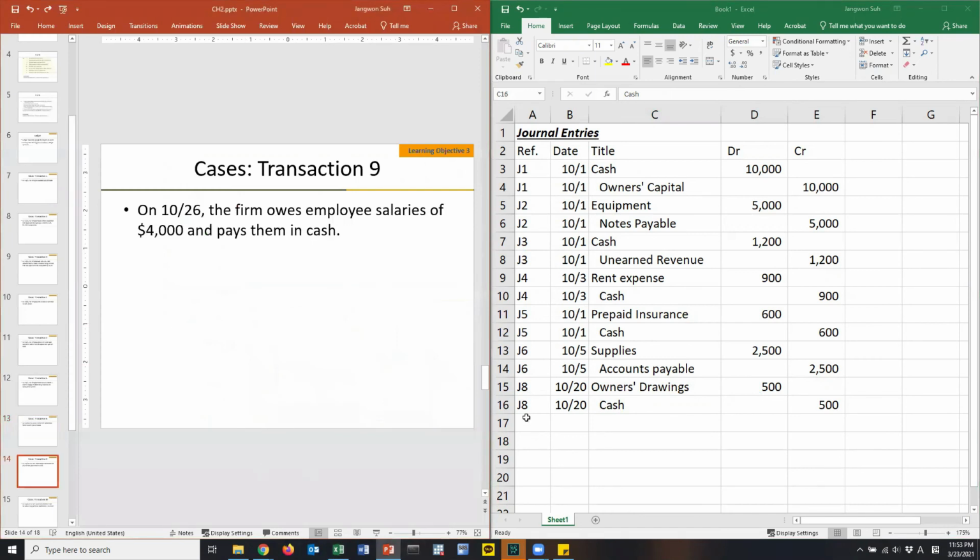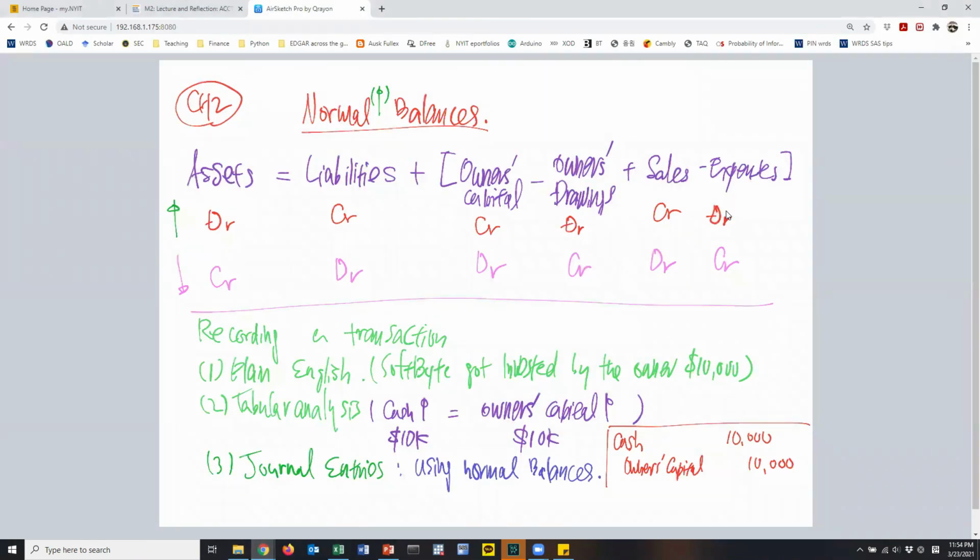Finally, transaction number 9, J9, 26. The firm owes employees salaries of 4,000 and pays them in cash. Okay, salaries paid out. So you have salaries expense, right? Salaries expense item is increasing. Therefore, it should be debited, right?